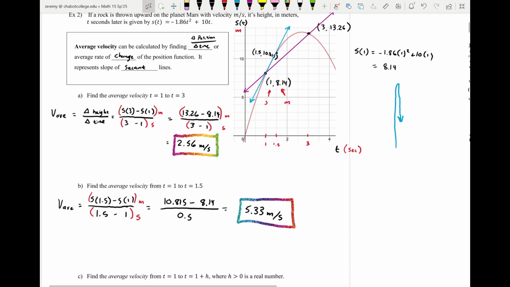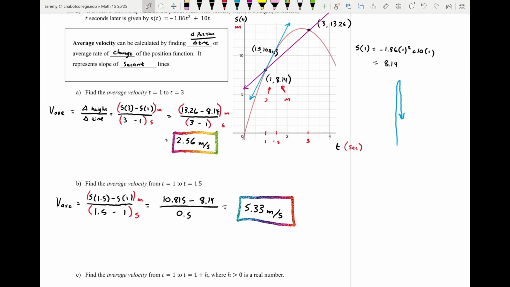Okay, so here's the obstacle. To find all of these rates of change, or these velocities here, we needed two ordered pairs. We needed 2 points in order to do it. And instantaneous velocity is asking what is the speed at just 1 point. How can we find the slope of a line through just 1 point? Well, remember the slope formula.